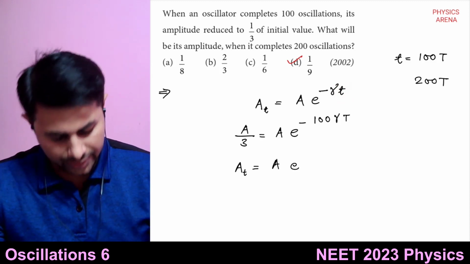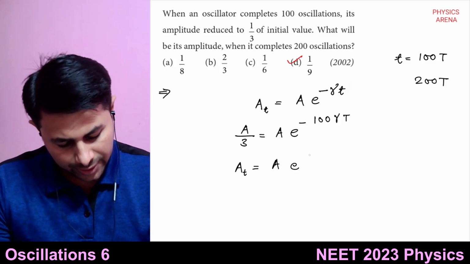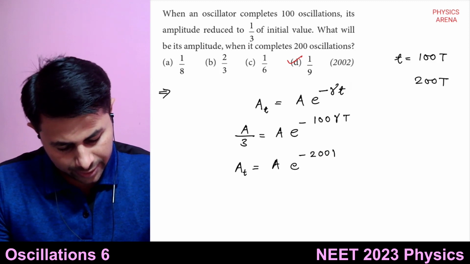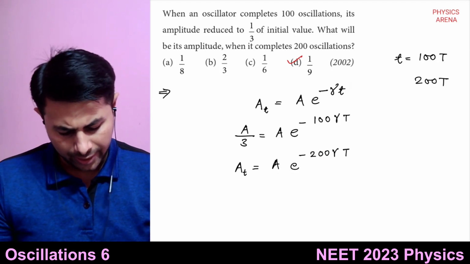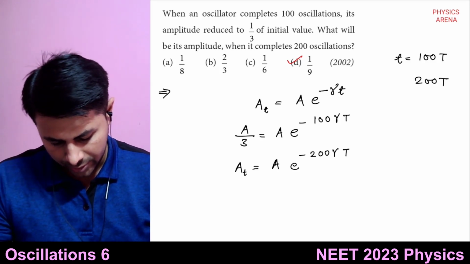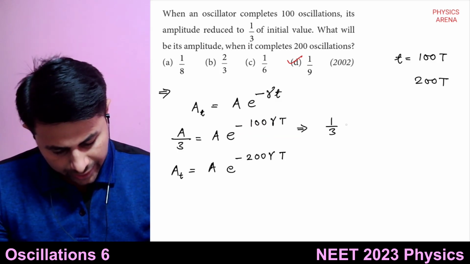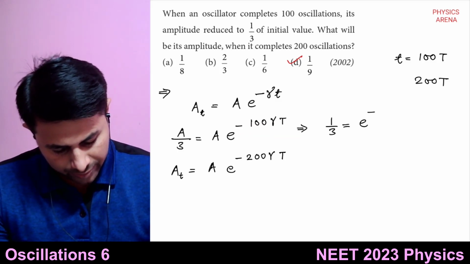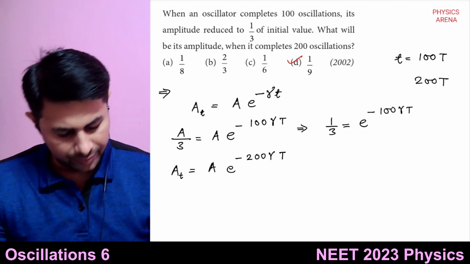So the amplitude at that time, suppose A2, is e raised to minus 200 gamma T. Then you can divide these two. Actually this thing and this thing get cancelled. It is 1 by 3 equals e raised to minus 100 gamma T.